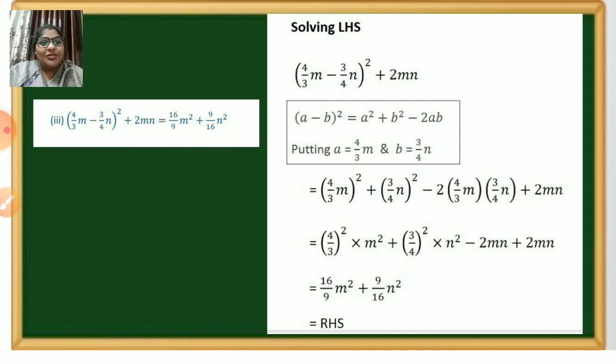Left hand side, using the identity for the first bracket, a minus b whole square is equal to a square plus b square minus 2ab. We will get (4/3 m) whole square plus (3/4 n) whole square minus 2 into 4/3 m into 3/4 n plus 2mn. This plus 2mn is given in the question, right? Now let us solve this one.